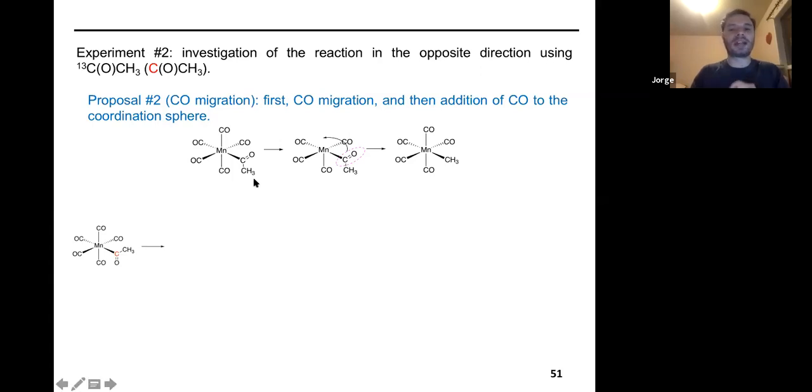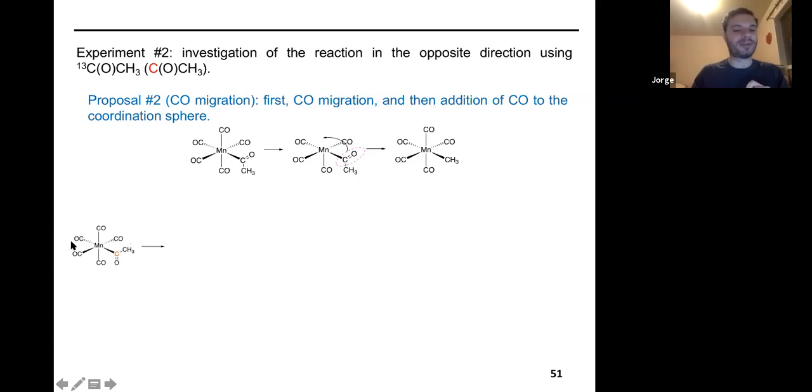The first step of this reaction is loss of one of the CO ligands. We have here 1, 2, 3, and 4 possibilities of losing the CO ligand. You may consider a 5th possibility right over here.